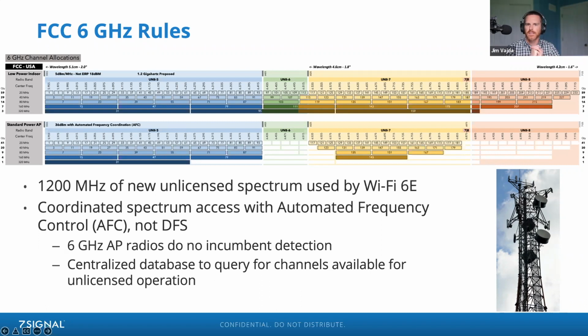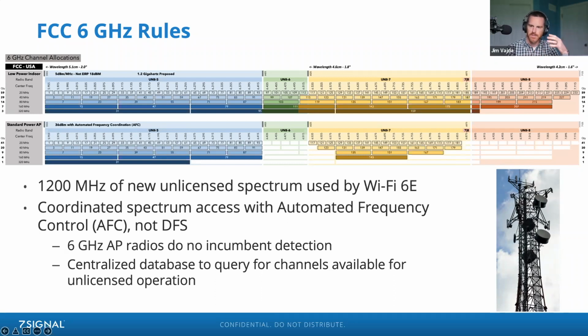So the AFC still has some real serious advantages over what we did in 5 gigahertz with DFS detection. Essentially, the radio or the wireless controller is going to check in every day with the AFC and say, here are my APs in terms of their physical location, and what channels am I allowed to use?